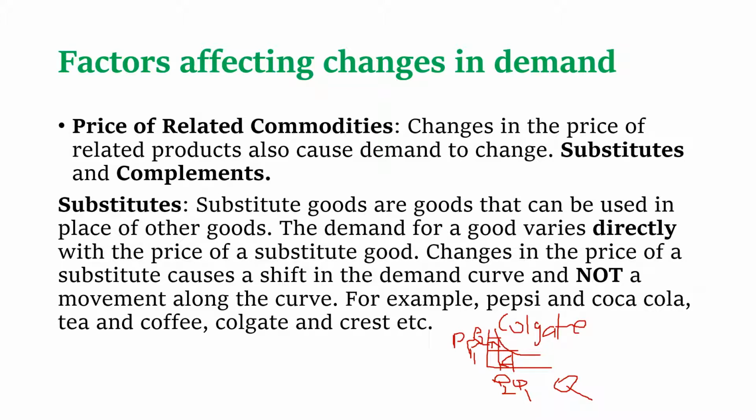And then you have Crest here, right? Now, both Colgate and Crest are substitute goods, right? So originally, we have the demand for Crest given as this. Let's say this is P1, okay?